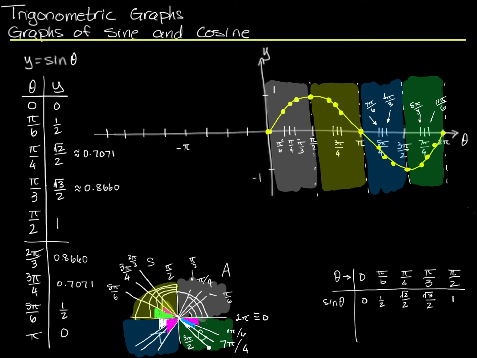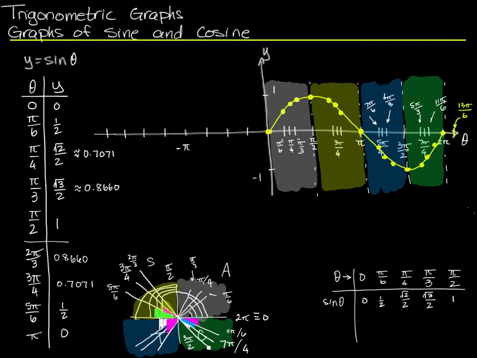If you add angles out here beyond 2 pi, the first one would be 2 pi plus pi over 6. And that's 12 pi over 6 plus pi over 6. That's 13 pi over 6. That would be sort of in there somewhere. Put a tick mark there.